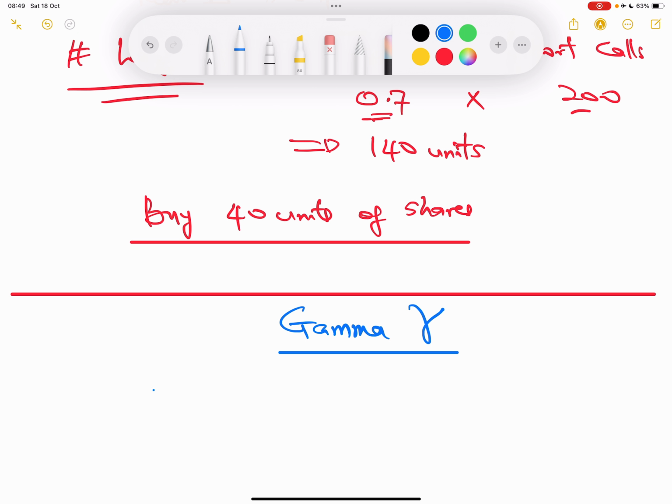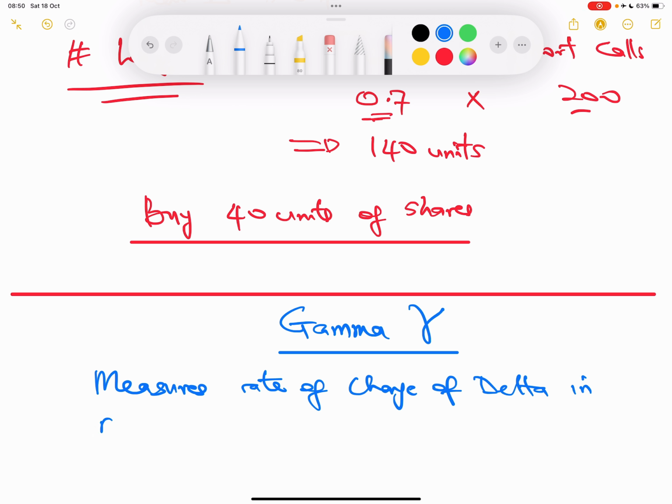So this one measures the rate of change of delta in response to change in selling price of the underlying.